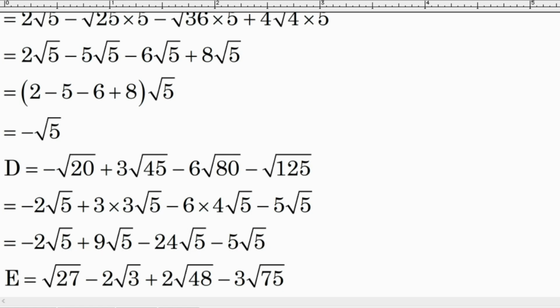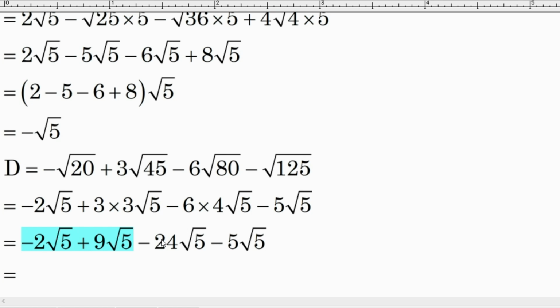Okay, and then equal to, and these numbers can be added or subtracted together because we have the same radical. So now we got minus 2 plus 9, which is equal to 7 square root of 5, and then minus 24.